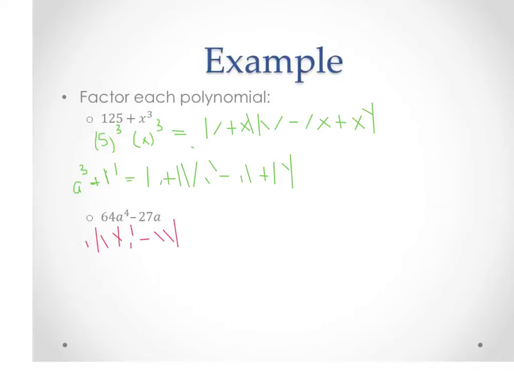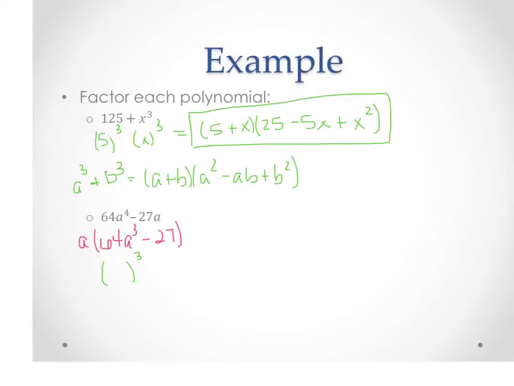Okay, now does this factor further? With that a on the outside, I'm thinking this might be something cubed since it's a that's cubed. All right, so 64 is 4 cubed, and so let's do 4a there, and then 27 is 3 cubed.